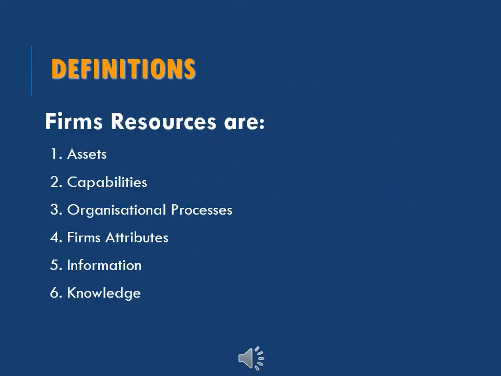Other ways of looking at resources are classifying them according to, for example, assets. Assets are very similar to tangible and physical resources, but some assets can be intangible. For example, reputation, right?